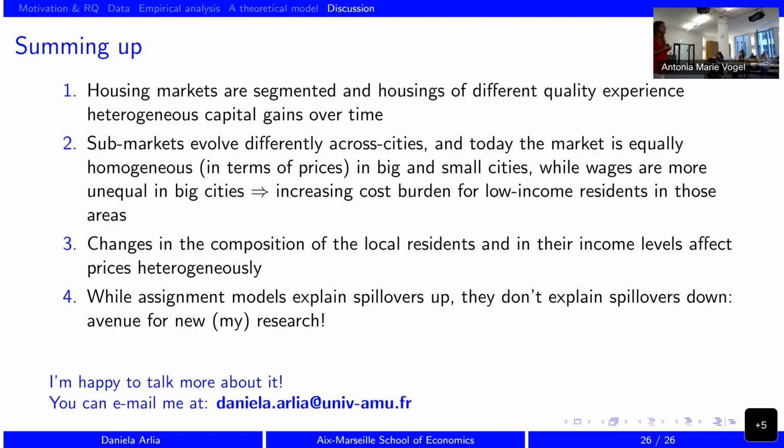Yeah, and this is exactly what I find interesting in this result.